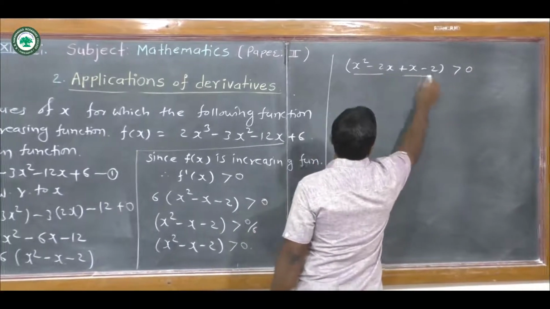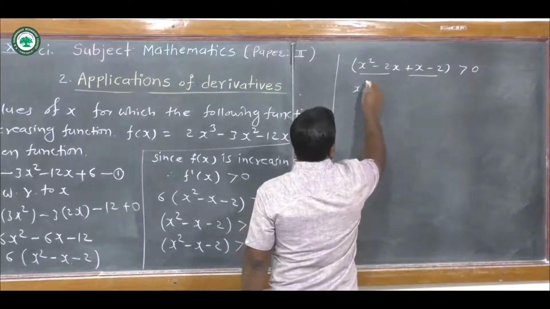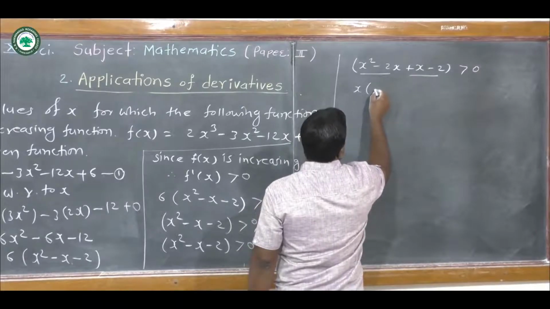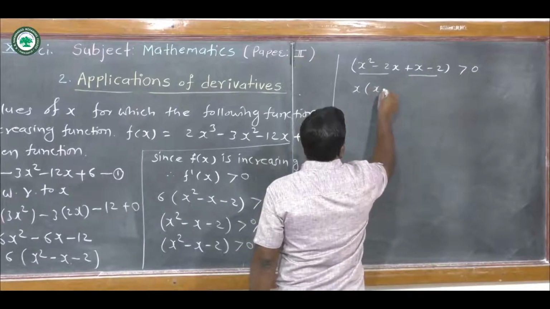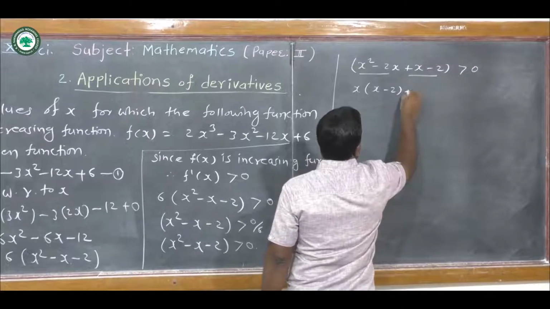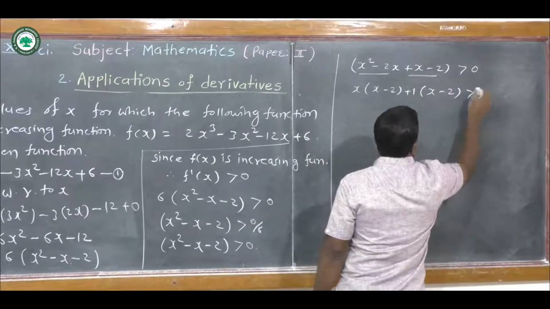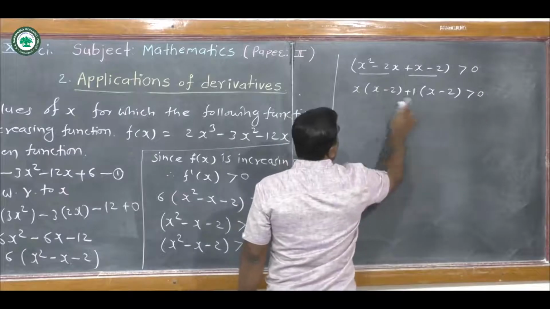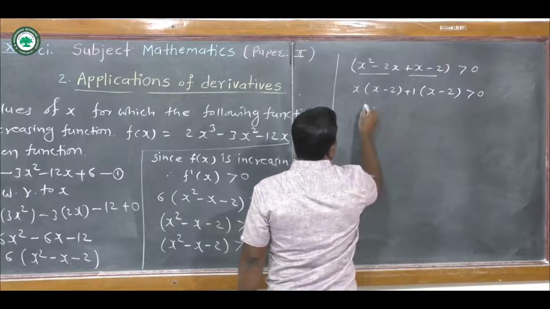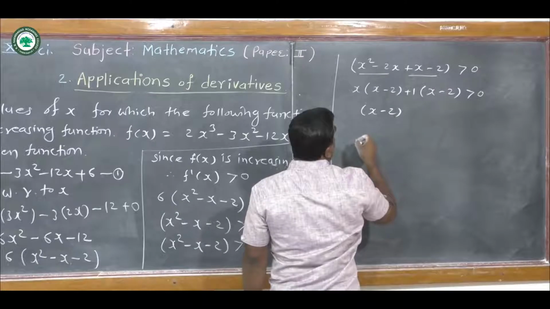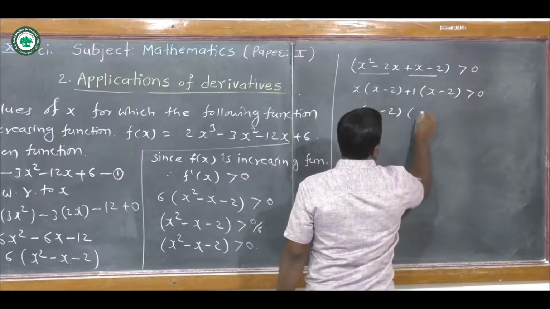Take pairs here. Take x common from the first pair: x into (x minus 2). Here take 1 common: (x minus 2) greater than 0. Now take (x minus 2) common from these two terms. That is, (x minus 2) into (x plus 1) greater than 0.